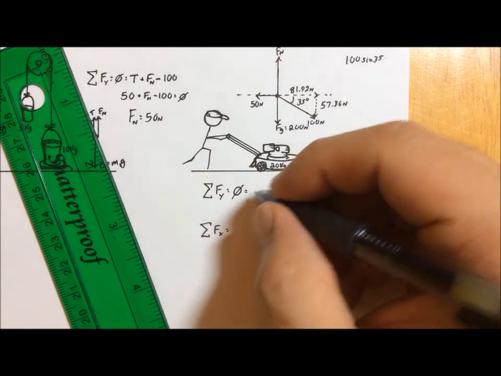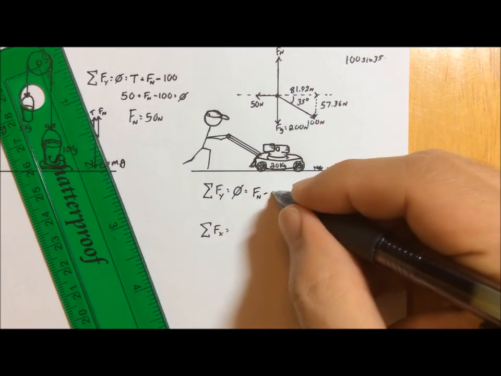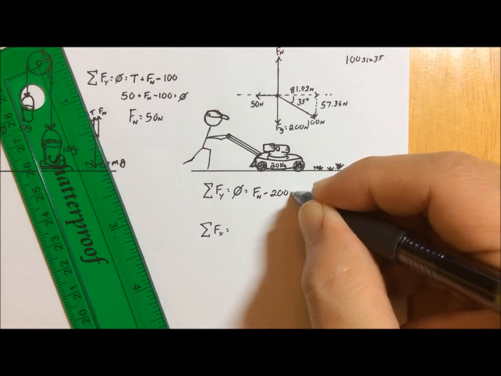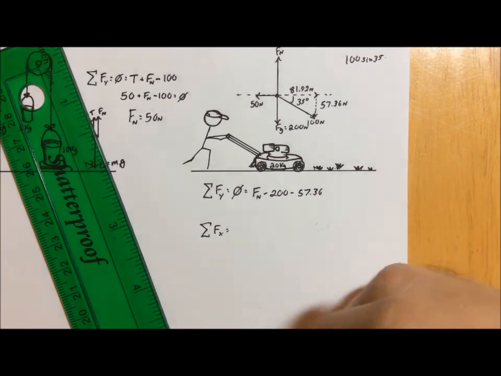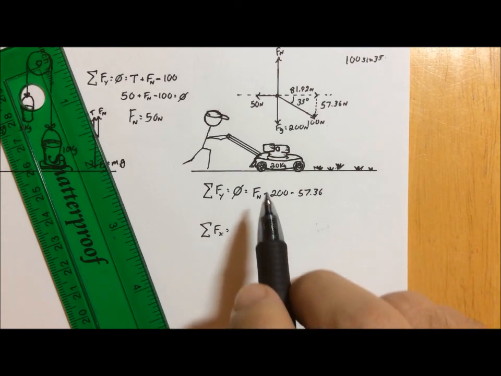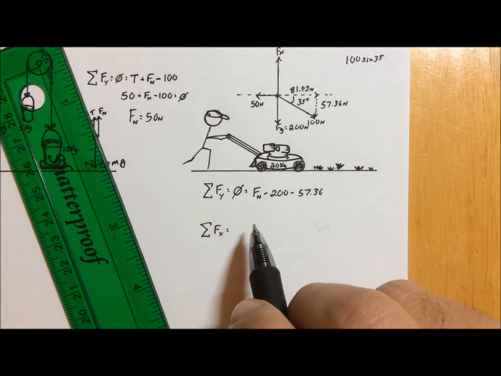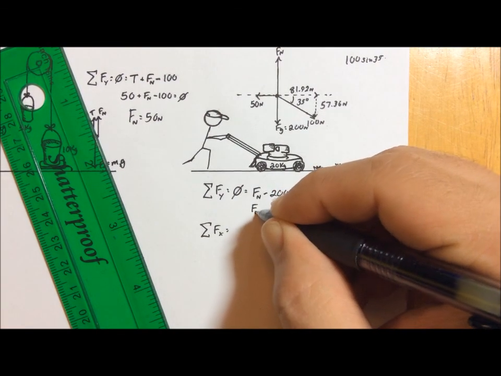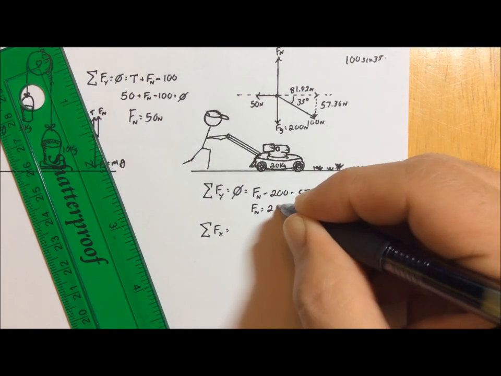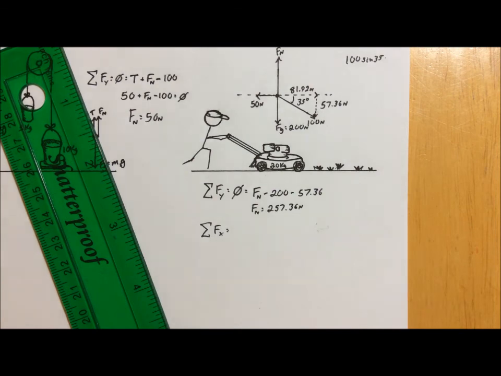So we have normal force minus 200 minus 57.36 newtons. And this says that if normal force is the only positive thing, these 2 things combined, 257.36, that better be normal force. And it is. 257.36 newtons. That's going to be our normal force.